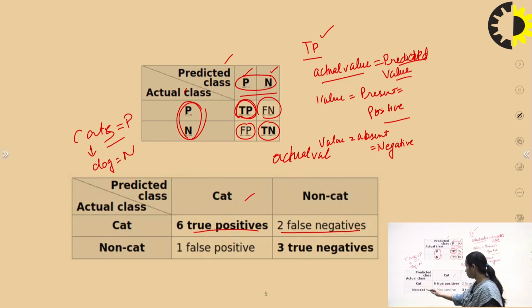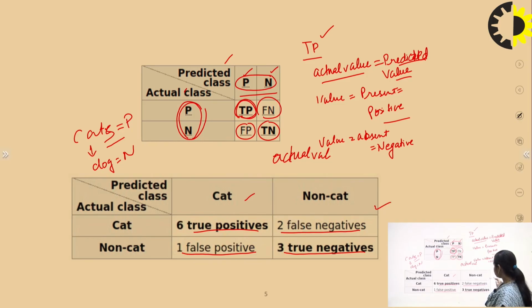And in non-cat, that is, in the example of dogs, 1 false positive value came and 3 true negative values came. So now I think it is understandable how we are classifying these values under true positive, true negative, false positive and false negative examples.